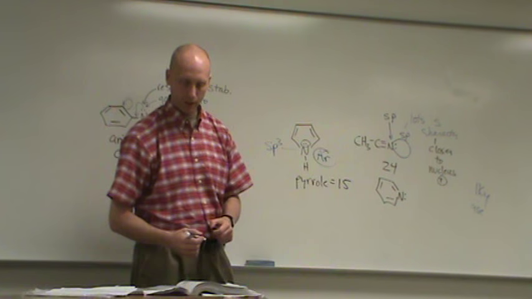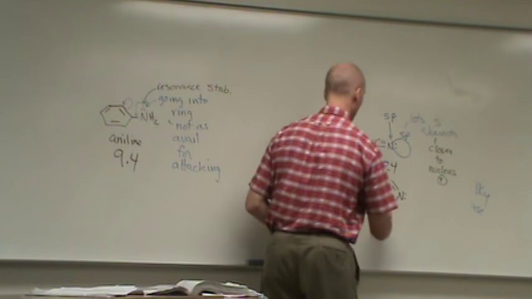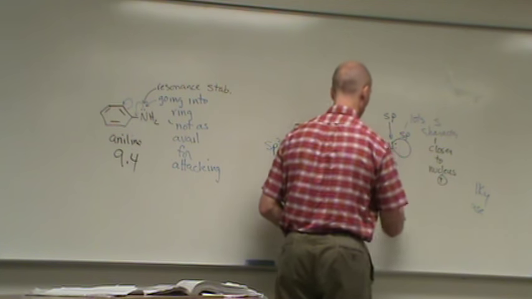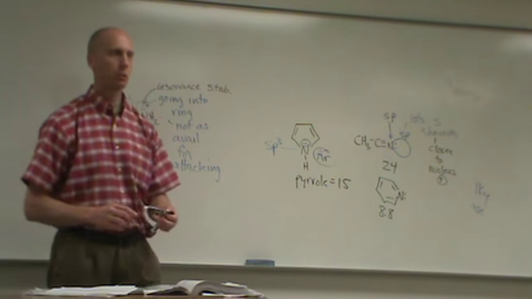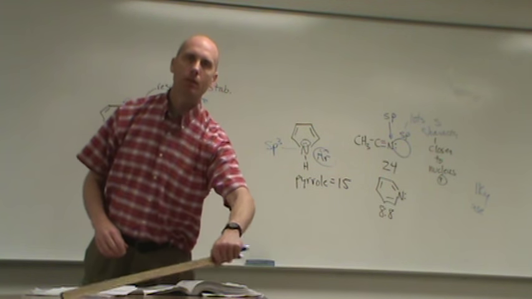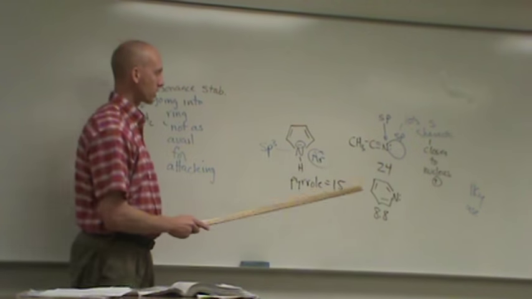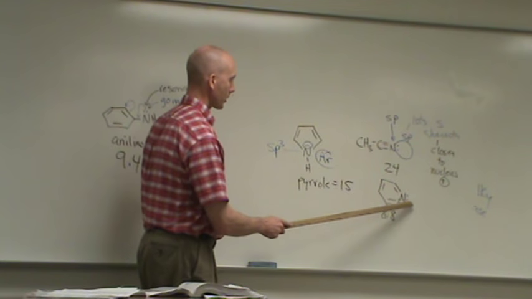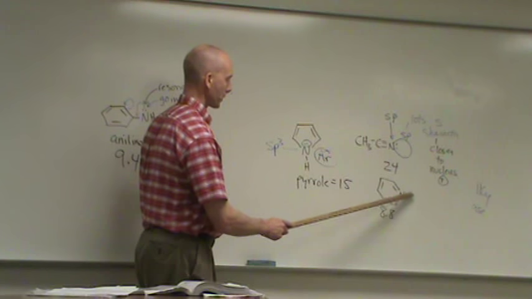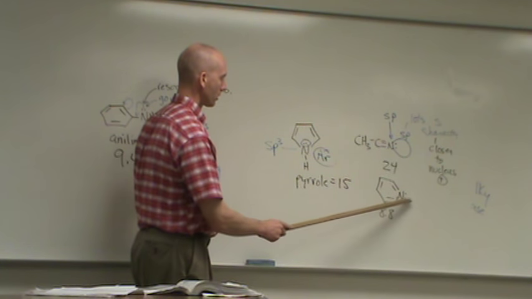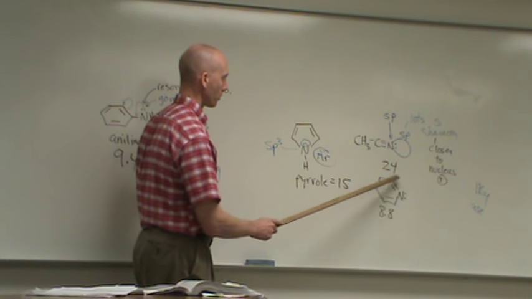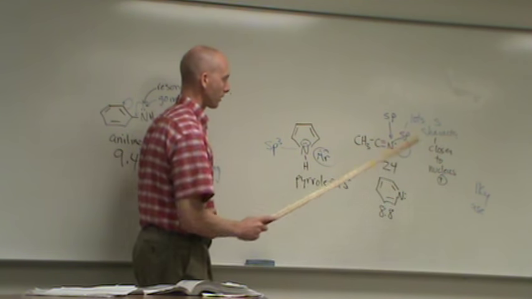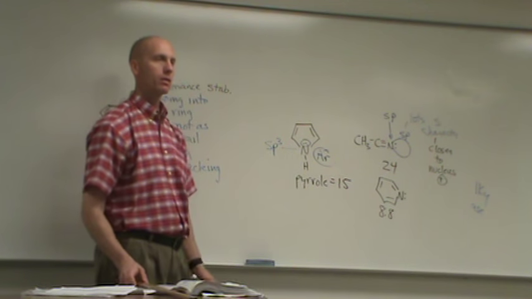It has a pKb of 8.8. See why there's a big jump? This nitrogen is what? An sp2 nitrogen. And it's not involved in any resonance. So this will be much more available than that there. Okay?